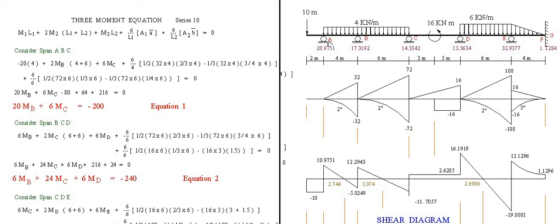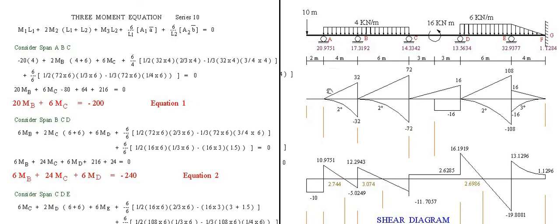Now consider AB as a simple beam. The reaction RA is total load divided by 2. Split this into RA and RB. So 4 times 4, 16, divided by 2, the reaction RA is 8.